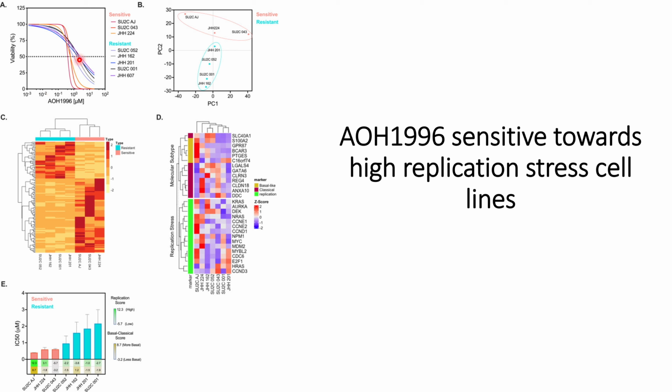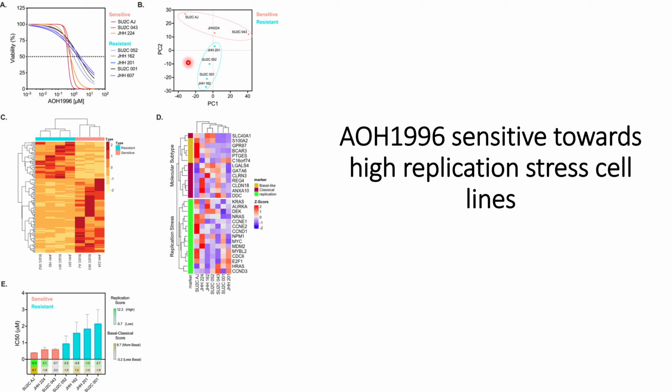Thereafter they did a PCA plot analysis of the gene transcriptome data, and they were able to find out that the sensitive cell lines align themselves in a particular area of the PCA plot, whereas the resistant cell lines align themselves in another area.